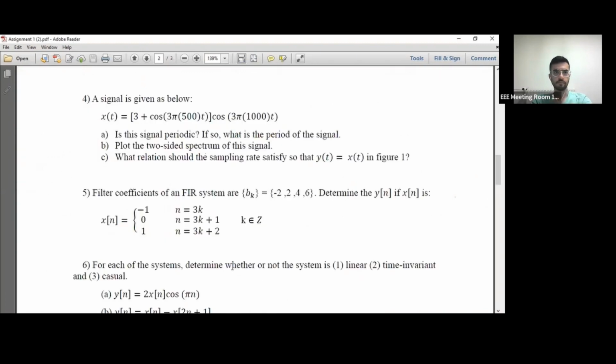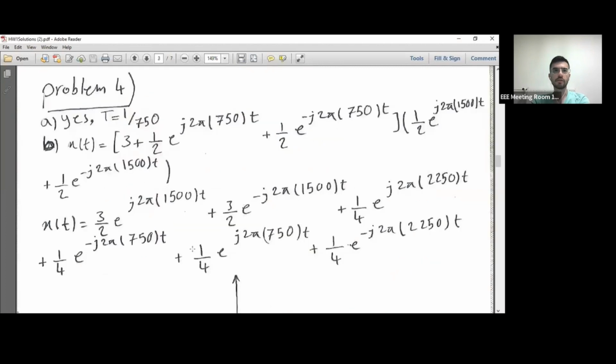In part B, it says to plot the two-sided spectrum of the signal. What we need to do in this part is write the equation in the form of exponentials. So we write as exponential. We have 2 cosines.